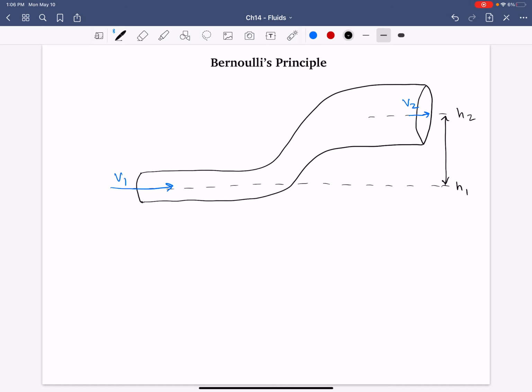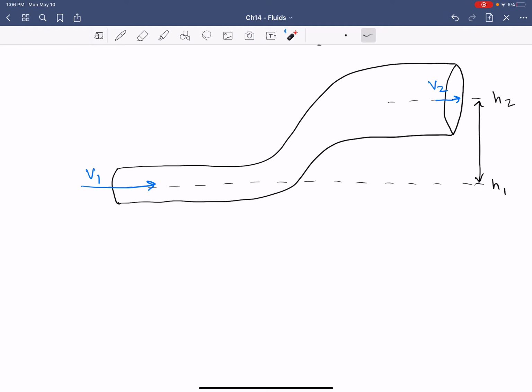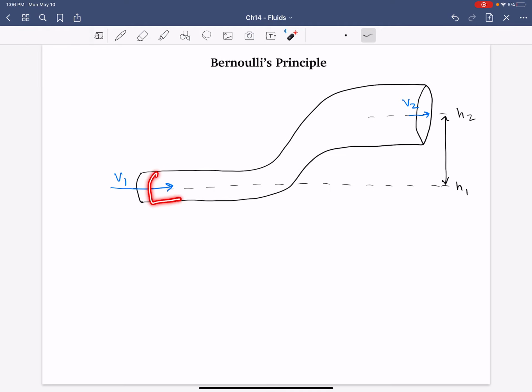That assumes that the volume of fluid being displaced through, say, this first section of the pipe is the same as the volume being displaced in the second over here. And so in so doing, I've drawn the speeds such that they're decreasing from 1 to 2. The speed at V1 is faster than at V2 because 1 has a smaller diameter than 2 does.